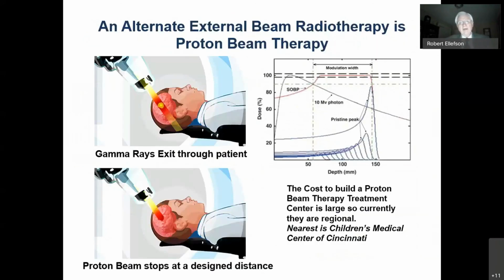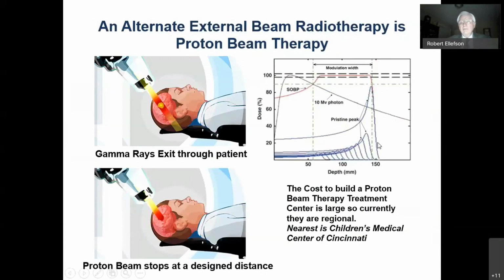So an example of this is if you look at gamma rays from like a cobalt-60 source, the gamma rays enter, hit the tumor, but they also exit the other side. And so here we're showing the photon gets absorbed uniformly as it goes along the way, all the way through the tissue, and it exits the body.